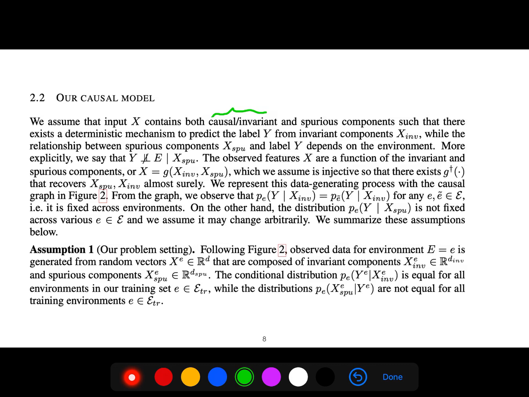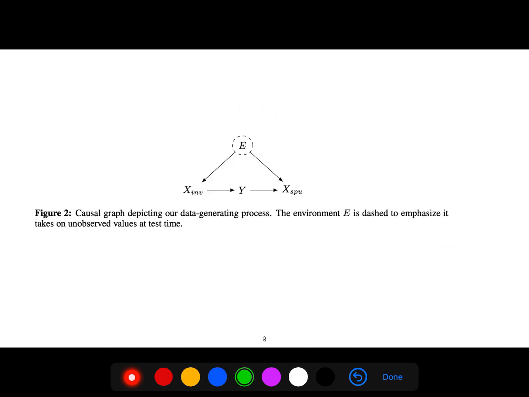So the observed features are a function of the invariant and spurious components, which we assume is injective, so that there exists G that recovers these spurious and invariant features almost surely.